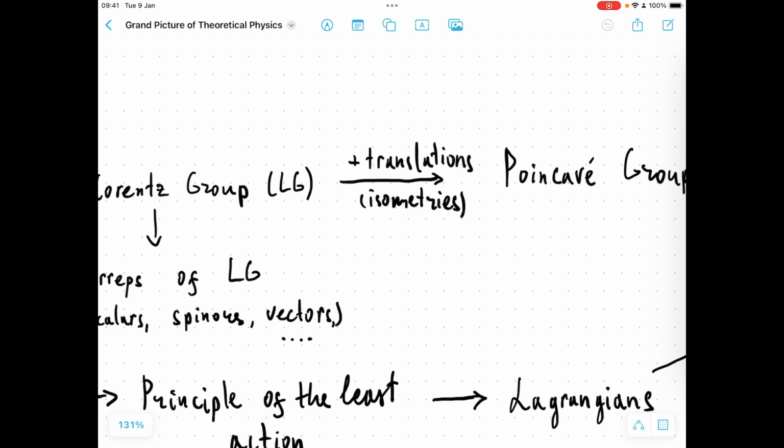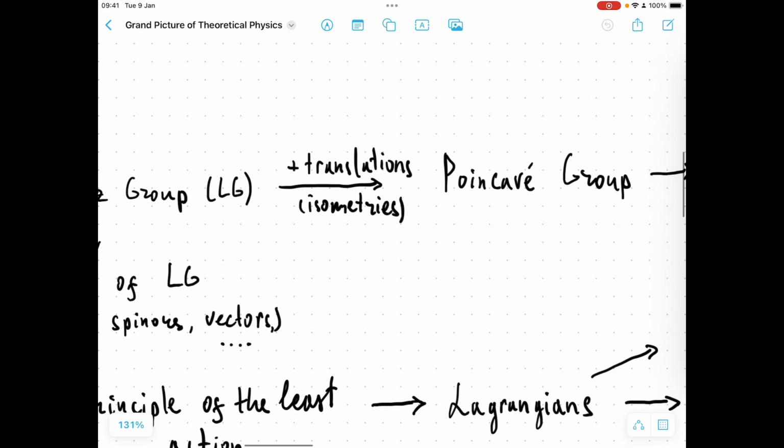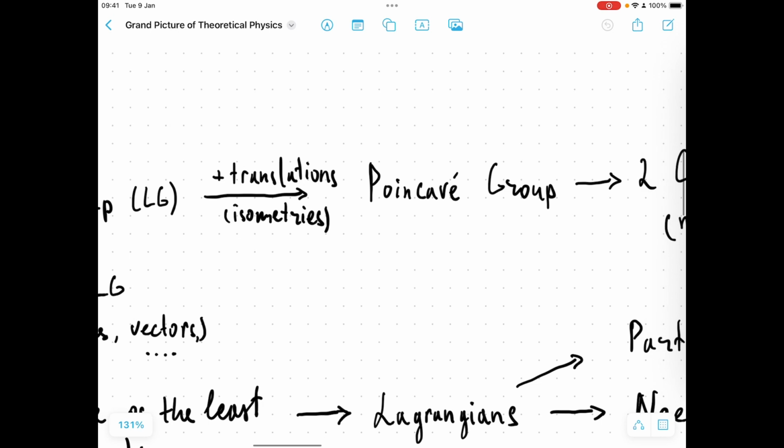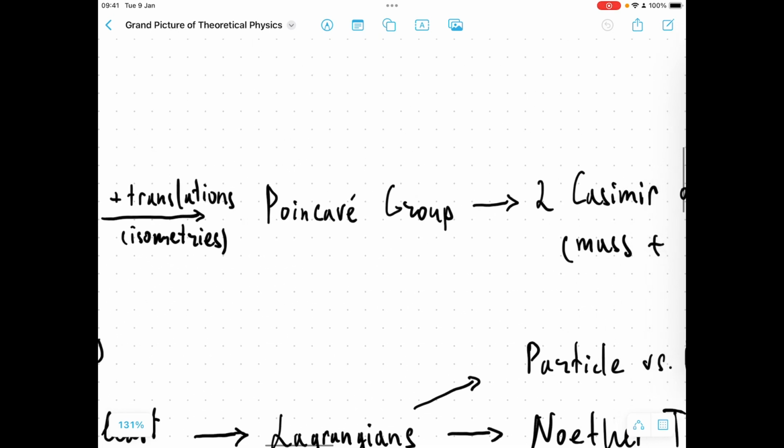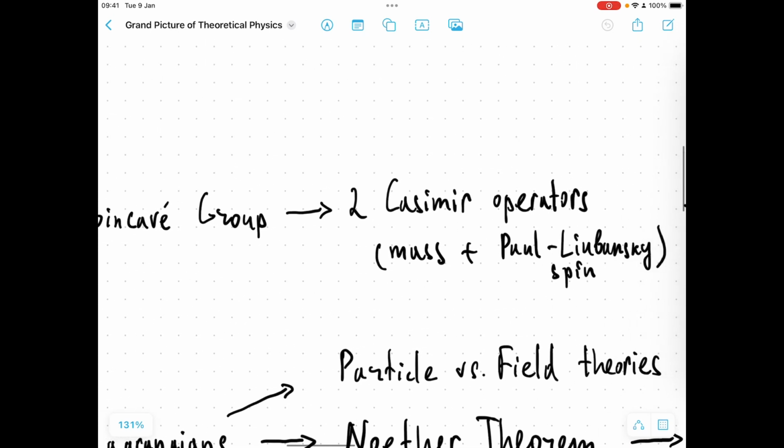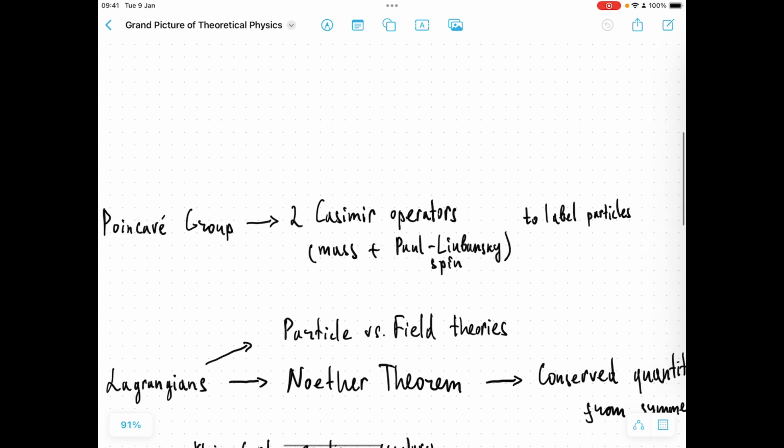By adding translations to it, in other words isometries, we get to the Poincare group, and inside the Poincare group we have two Casimir operators to label the representations, or label the particles. We have the mass operator and the Pauli-Lubanski spin operator, and we get two foundational labels for each particle, its mass and its spin. So that's how the book starts.